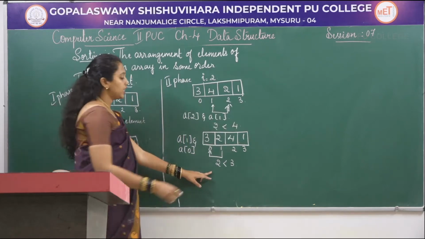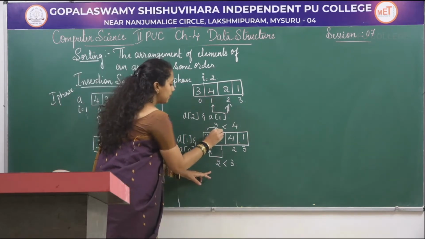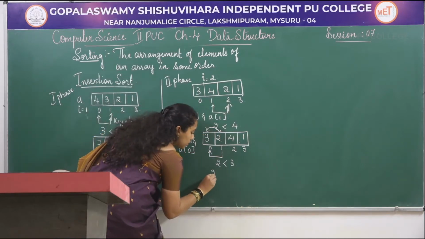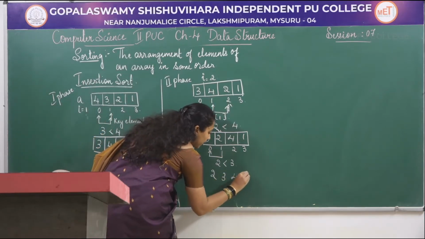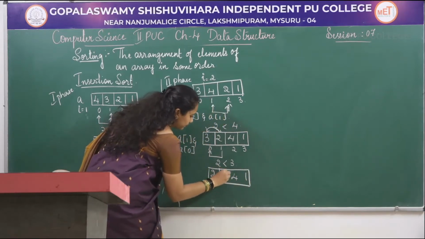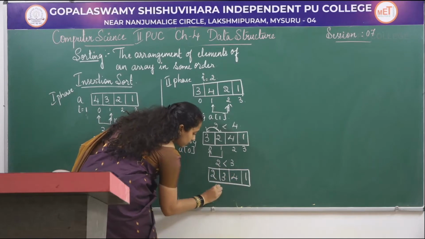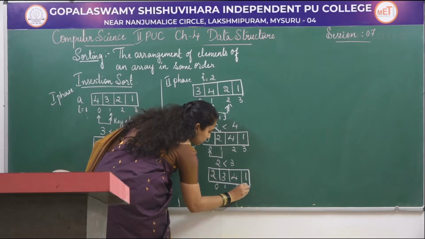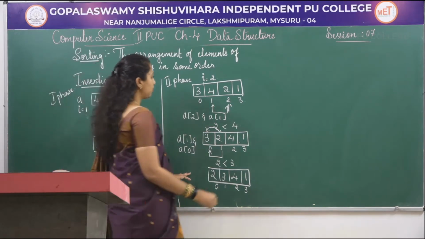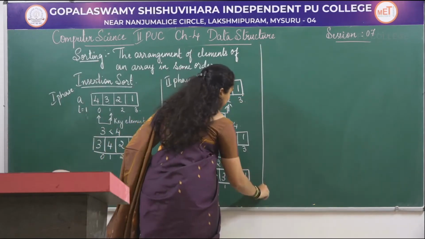The condition is true, hence we swap these array elements. So what is the output? That is 2, 3, 4, 1. This is the output of the second iteration.